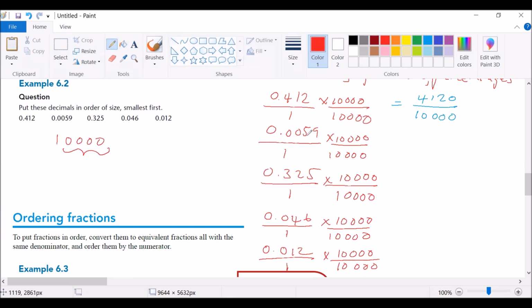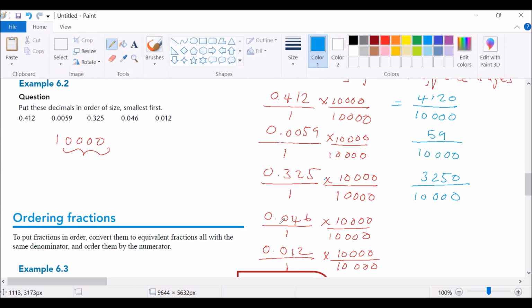So we multiply the numerator by 10,000 and the denominator by 10,000. If we multiply here by 10,000, we are moving the decimal place 1, 2, 3, 4 places. So this will be 59 over 10,000. We are moving 4 spaces, so we'll have to add a 0 there to get 3,250 over 10,000.